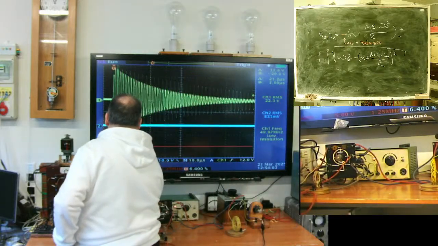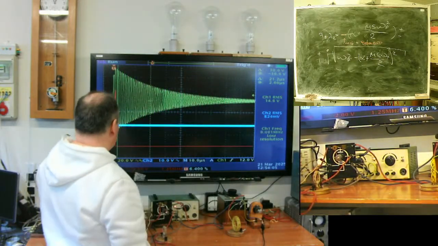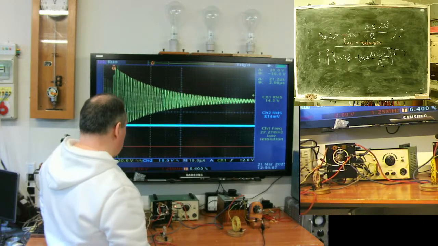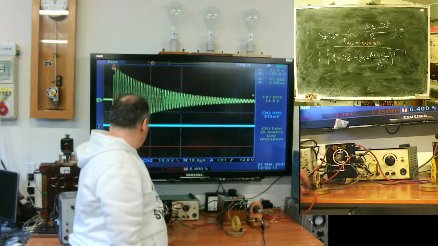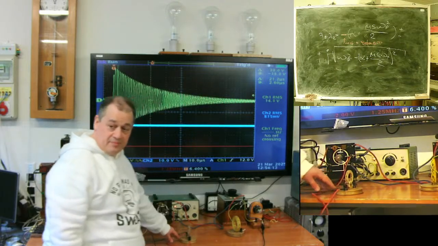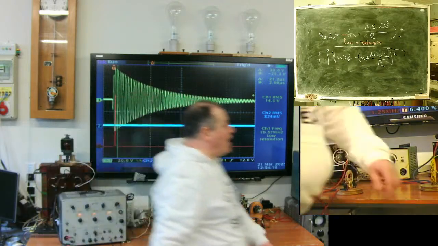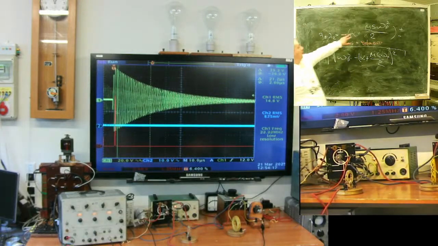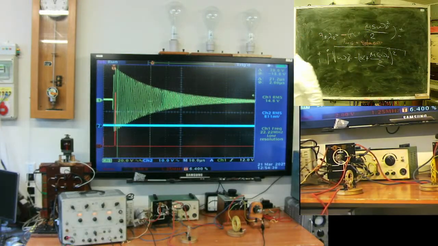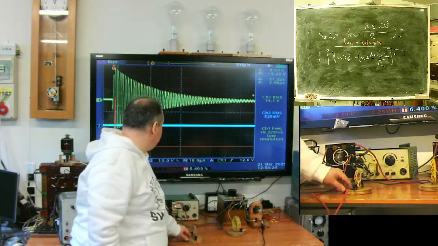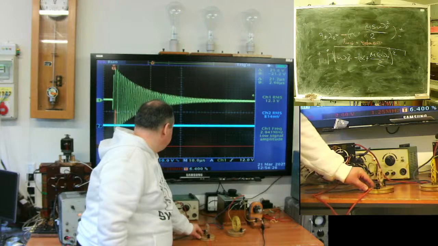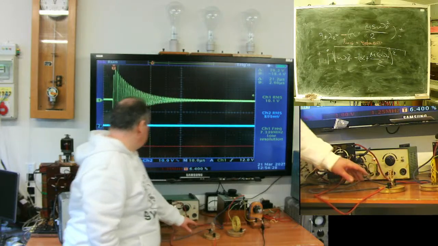I'll take a bit different time scale. What will happen if I increase coupling? If I increase M, the mutual inductance? Yes. Look what happens. See?